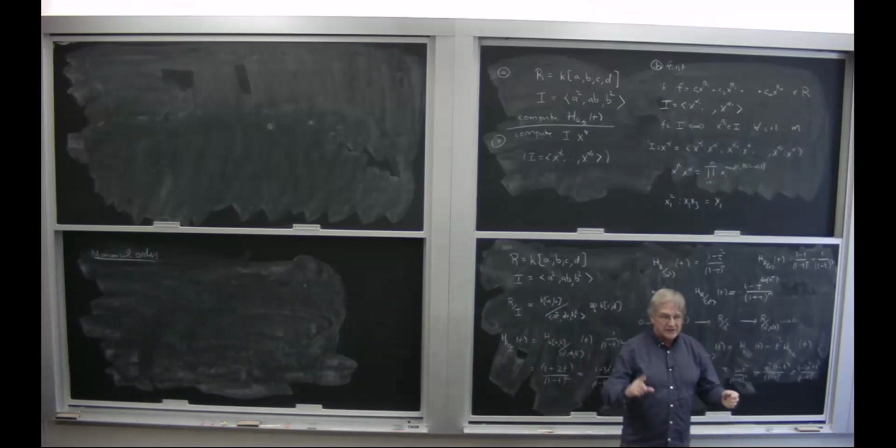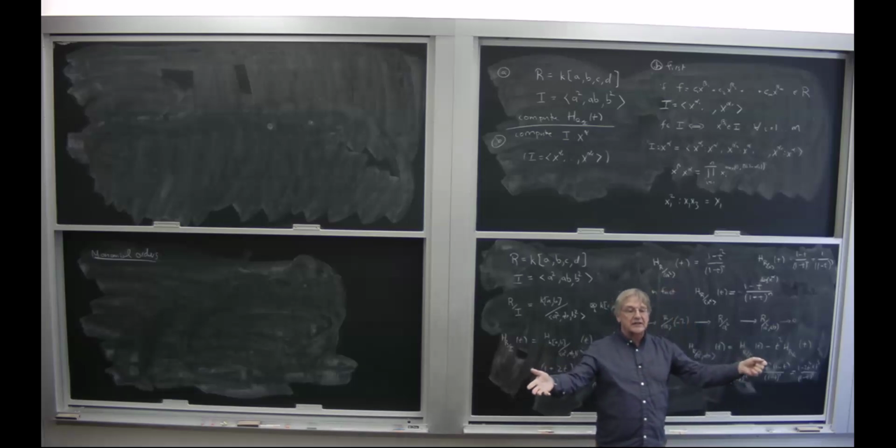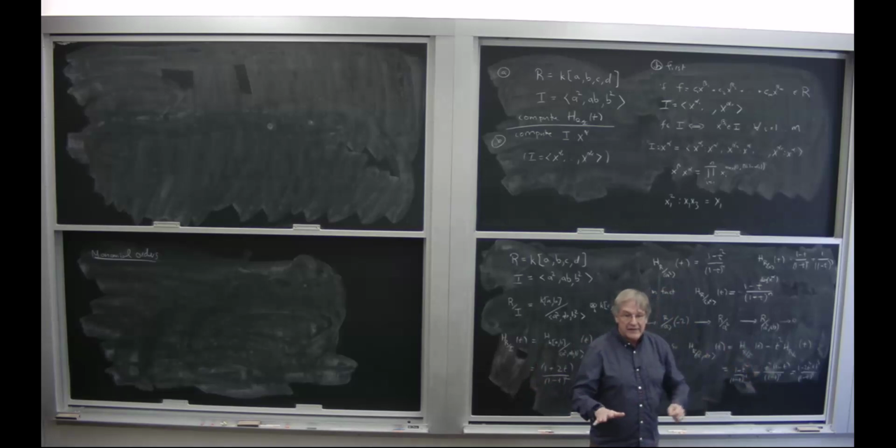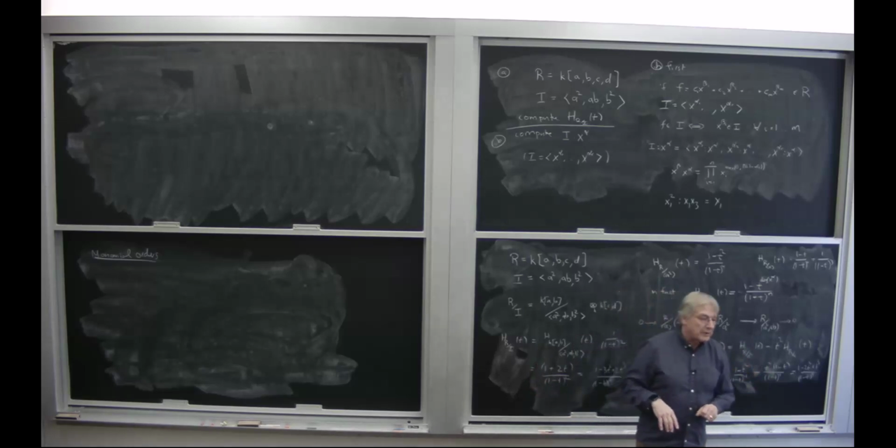Case 1 is if we're in one variable. You take a whole bunch of generators, and the ideal is generated by the GCD of every single one of those, right? It's in one variable, it's a PID. So we have one generator, and that would be the Gröbner basis here. But finding that might take a lot of work to figure out that GCD.